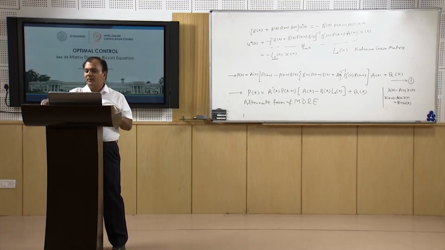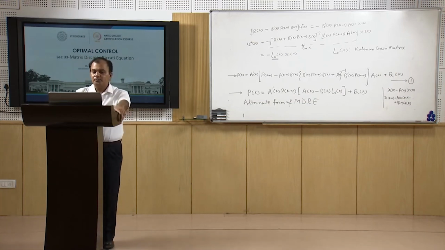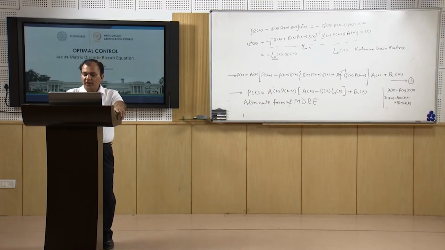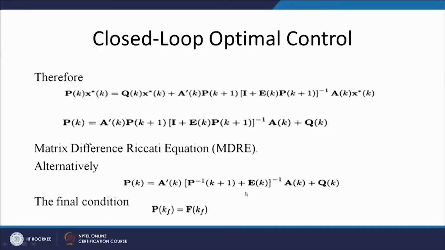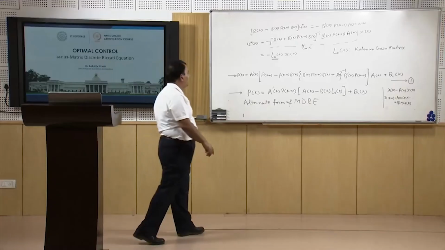One can also develop another form of the difference Riccati equation. So, in a time varying case we have one form of the matrix Riccati as P_k equals A'_k P^{-1}_{k+1} E_k minus E_k, the whole inverse, A_k plus Q_k, but by this our U_k requires the transpose of the inverse of the A transpose matrix.